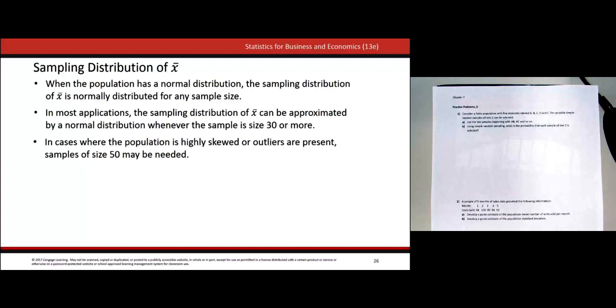But in most cases, the sampling distribution of x bar can be approximated by a normal distribution whenever the sample size is 30 or more. But if you are sampling from a normal distribution, the sampling distribution of x bar, regardless of the sample size, is normally distributed.